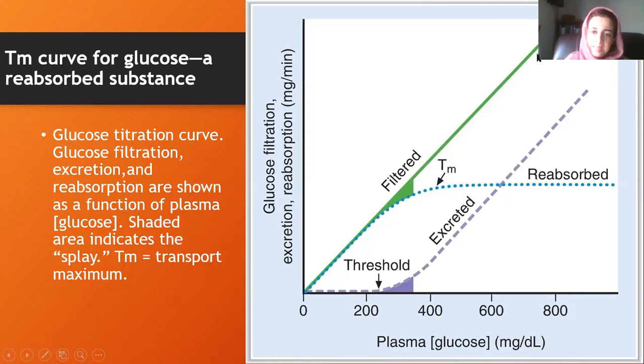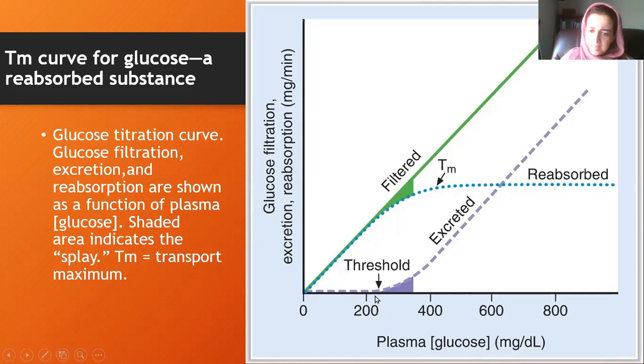For this green line, we are considering the glucose filtration on the y-axis. For this dotted blue line, we are considering reabsorption in milligram per minute. And for this purple dashed line, we will be considering the excretion rate on the y-axis. And we're going to try to read this graph.